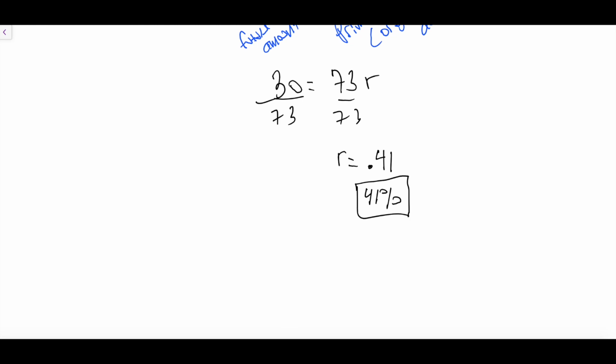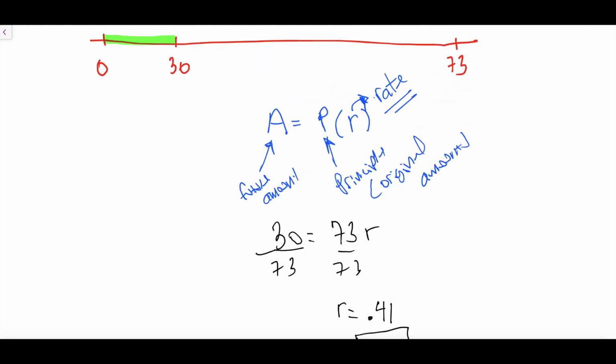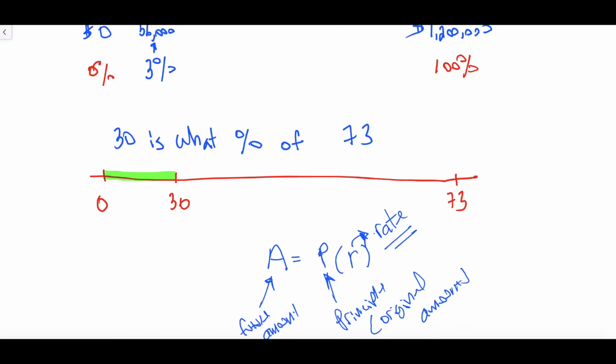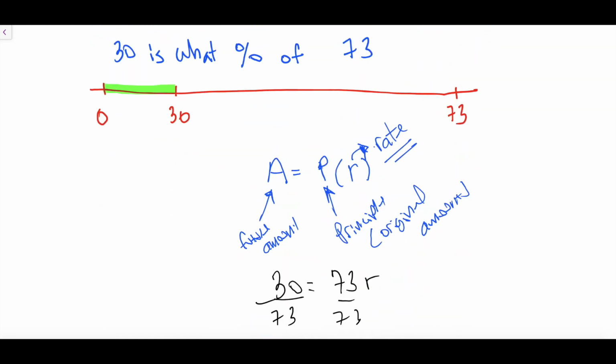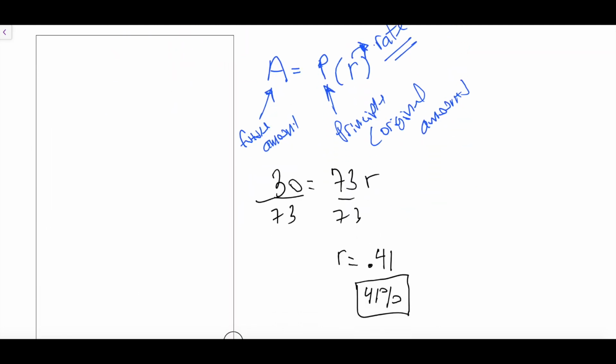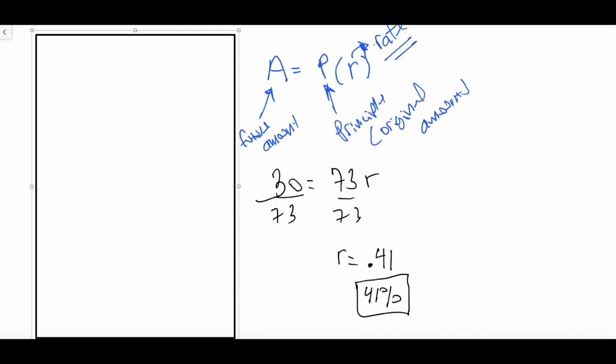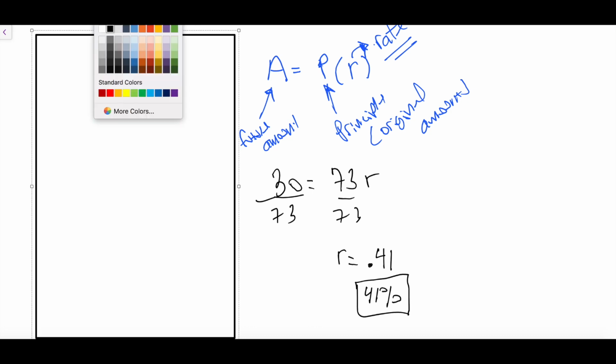Got it. Okay. Now, I'm going to throw this little lesson in here just because it's kind of cool. It's a little side note. Shout outs to Mimi from 10 years ago who taught me this. Mimi must be like 28 by now. But I was working with Mimi and we were doing percent problems.